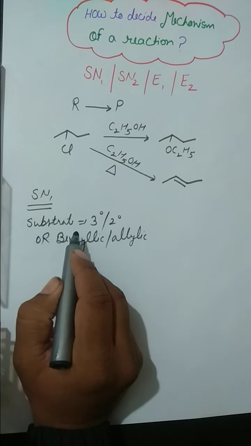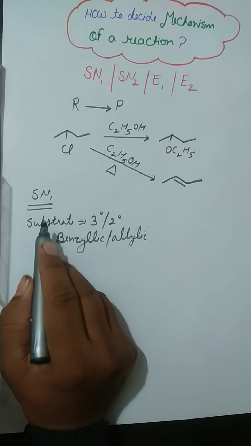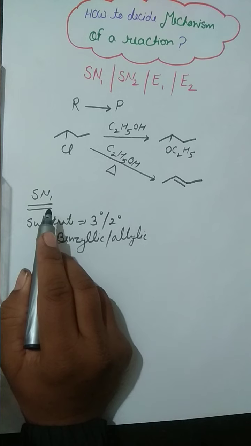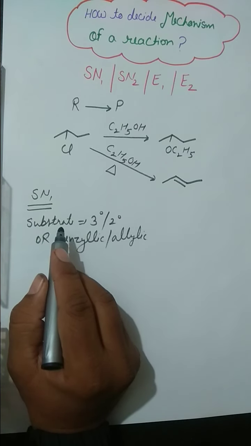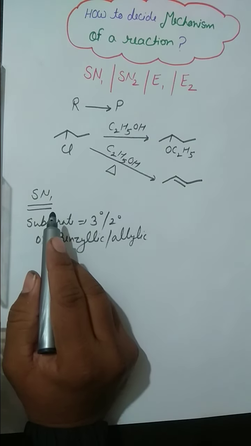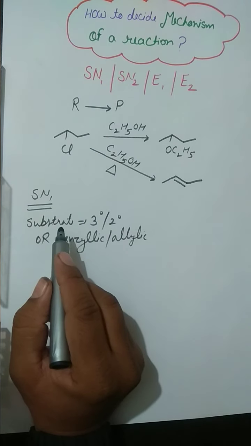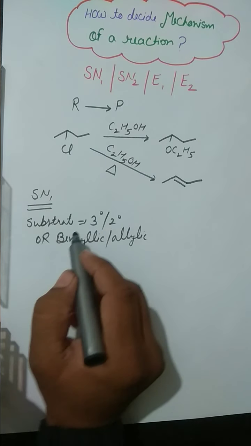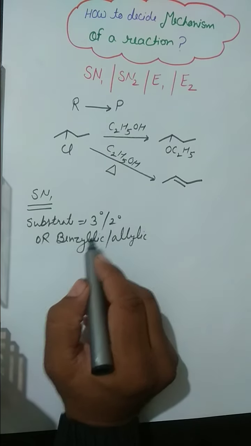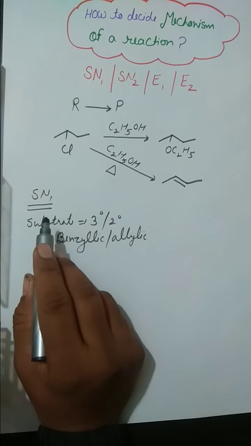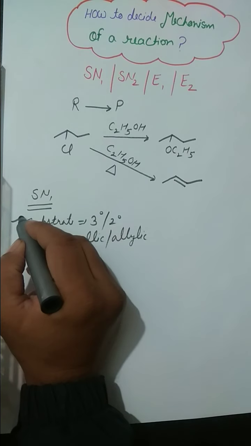Substrate should not be 1 degree. Means 1 degree substrate cannot show SN1 mechanism. Only in one condition it can show SN1 mechanism, if beta carbon is 3 degree or 4 degree. Otherwise 2 degree or 3 degree substrate or benzylic, allylic substrate can show SN1 mechanism.